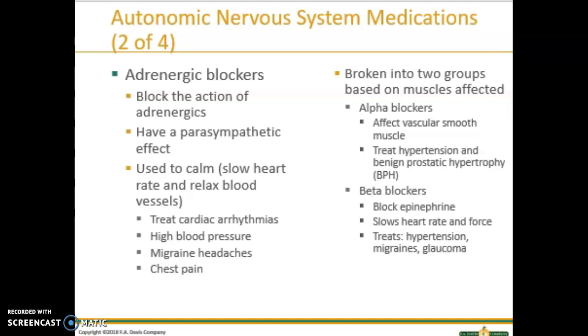These medications include alpha blockers, which affect vascular smooth muscle, and beta blockers, which block the effects of epinephrine, causing the heart to beat slower and with less force, and thereby this reduces the blood pressure.